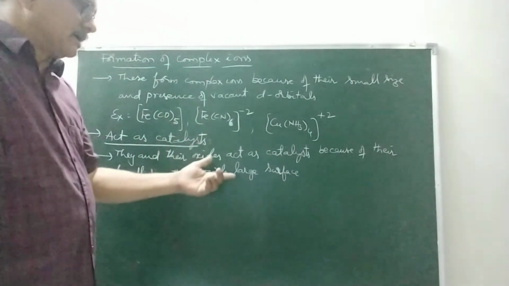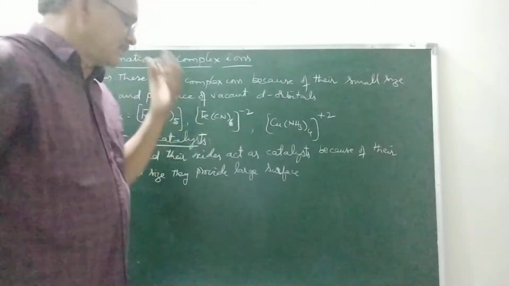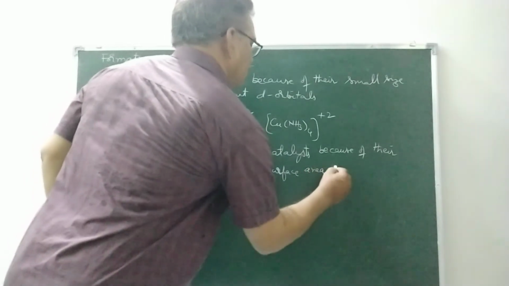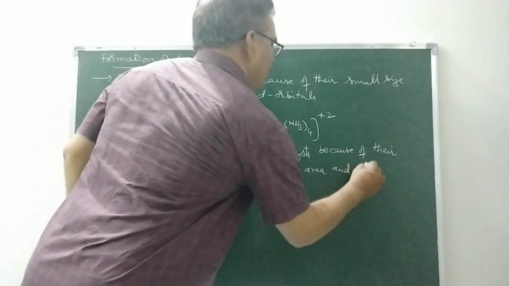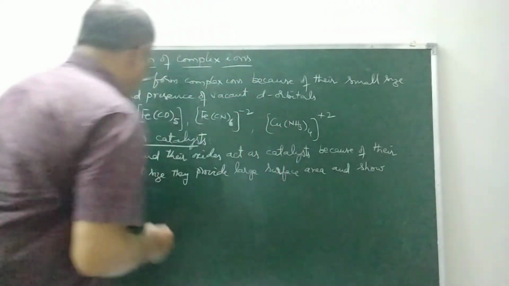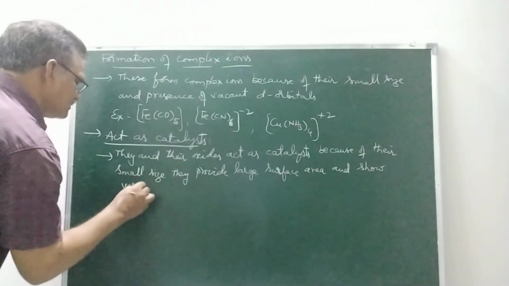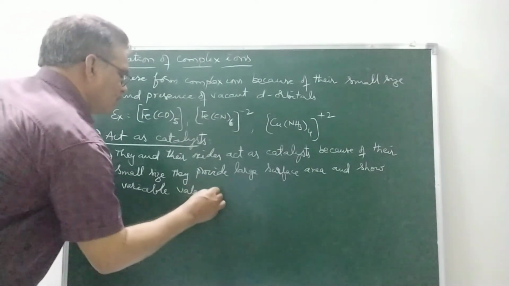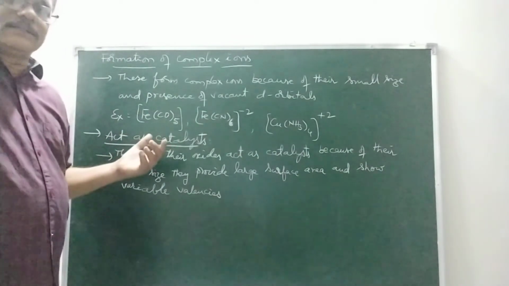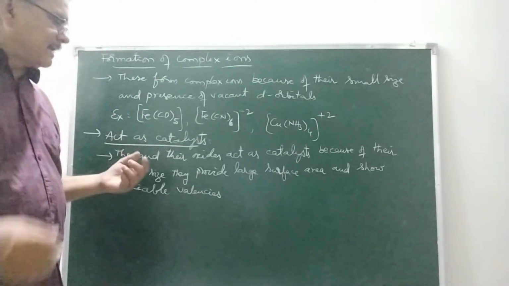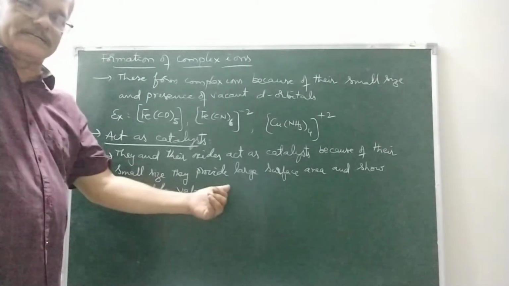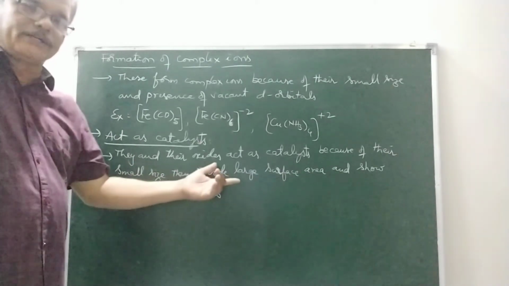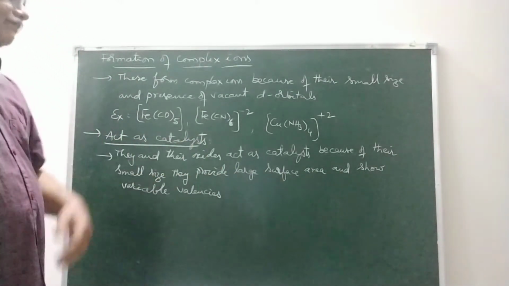Okay, we might have gone through this in surface chemistry. They provide a large surface area and show variable valencies. When they show variable valencies, they adsorb reactants to a larger extent, and make them react with each other and convert into products. So they act as a catalyst.